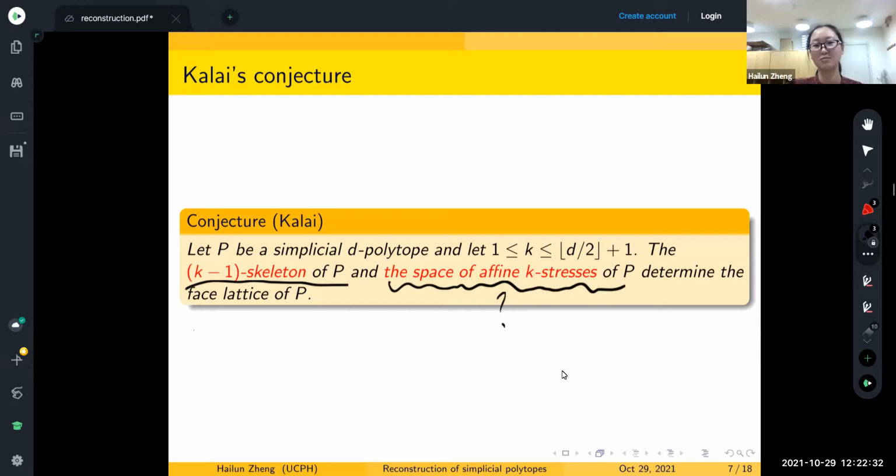So this is the second approach that we want to take, okay? We want to find a specific class of functions, which are called affine K stresses, such that these functions capture the information of the facial structure of the polytope. This is the essence of these functions. But in order to define it, it's going to be pretty complicated.